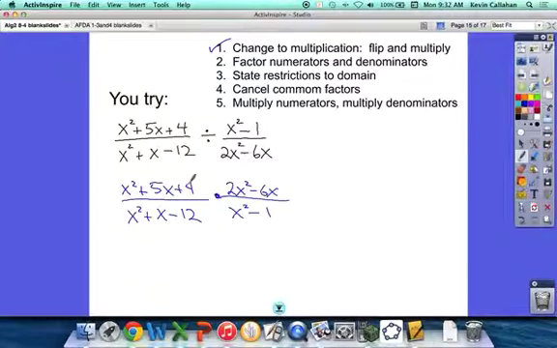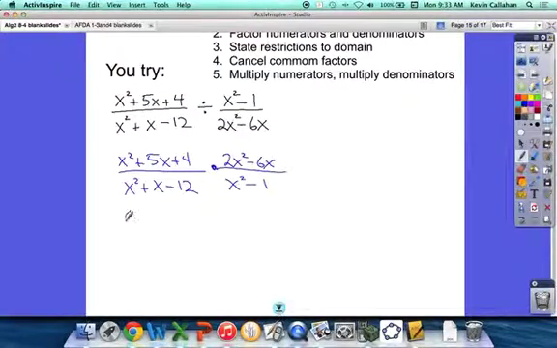What was that? X squared plus 5x plus 4. Positive 4, positive 1, right? So what does that look like? X plus 4, x plus 1. Okay. Who thought of how to factor that denominator? Negative 3, positive 4. Let's see, negative 3 times positive 4 is negative 12. Negative 3 plus positive 4 is 1. So that works.